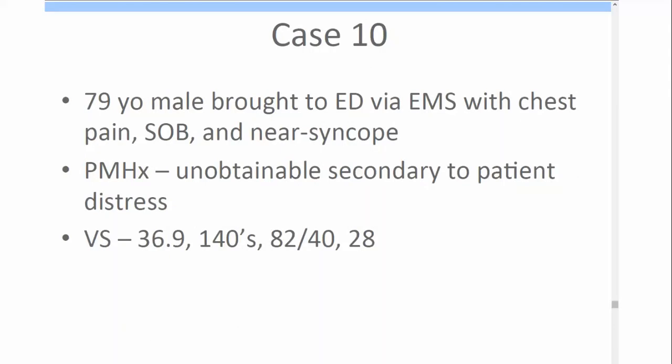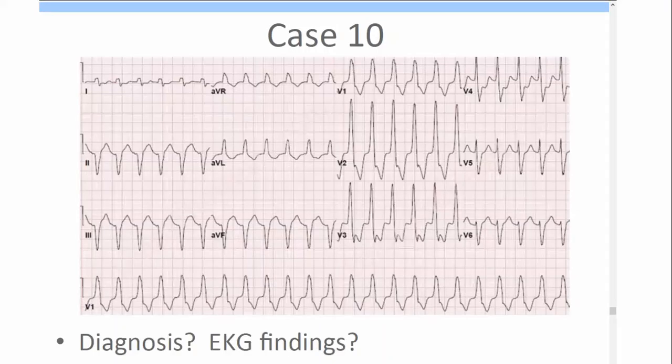Case number 10. A 79-year-old male brought to the ED via EMS with chest pain, shortness of breath, and near syncope. Past medical history is unobtainable due to the patient's distress. Vital signs are okay, but blood pressure is down, 82/40, respirations 28, and the pulse is in the 140s. Good gracious, what's going on?